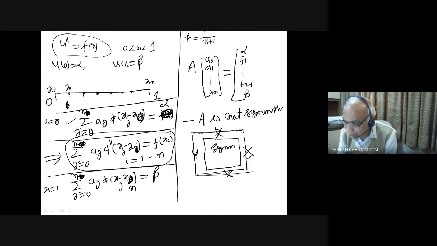This matrix is such that the interior part of the matrix, if I leave first column and first row, last row and last column, is symmetric, and there are many issues involved here.